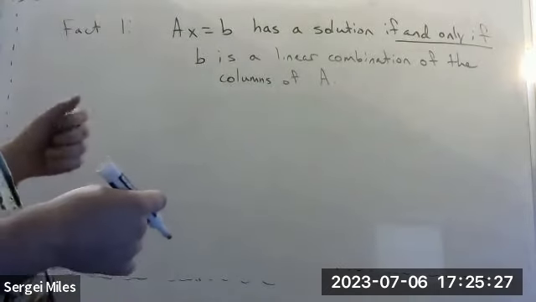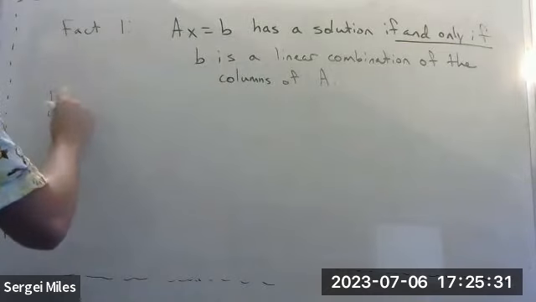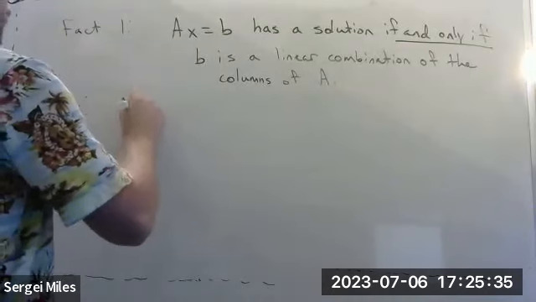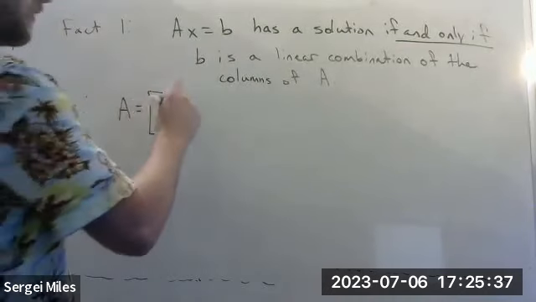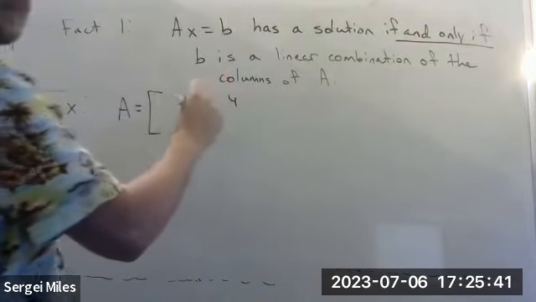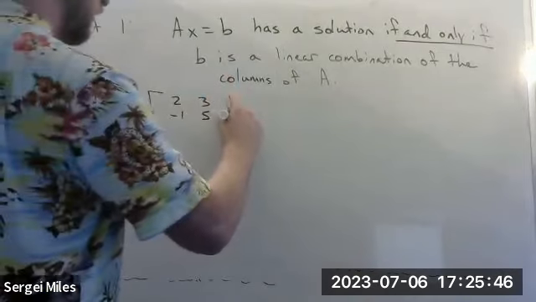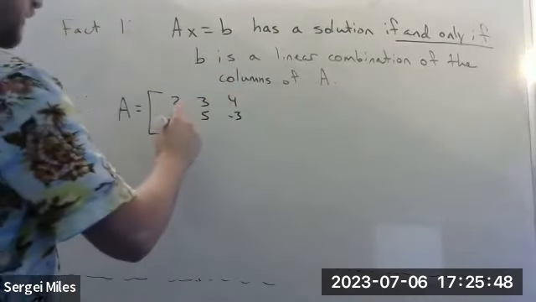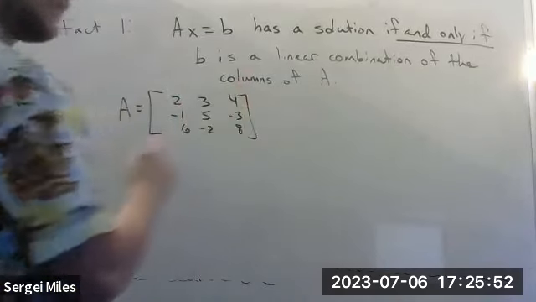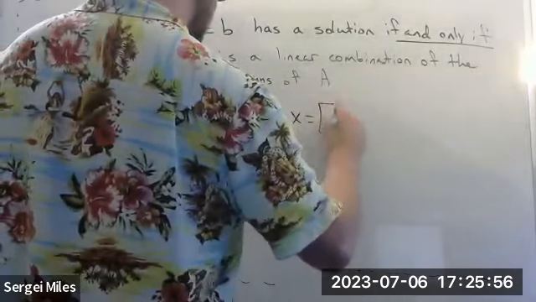Okay, so now let's look at the problem I was just discussing before that fact. Let A be the matrix with rows 2, 3, 4; -1, 5, -3; 6, -2, 8. And let's say x is arbitrary.